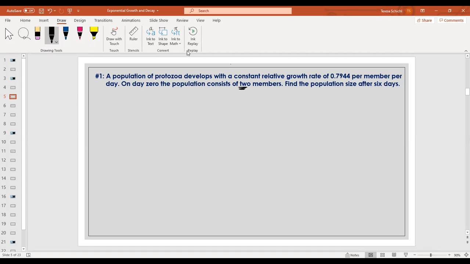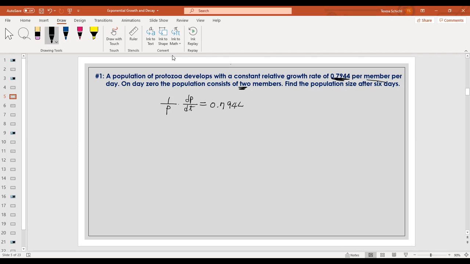This is a very typical exponential growth because it's the relative growth to the population itself, right? So it's 0.7944 per member per day. If we write it, this is 1 over P times dP dt, the relative growth, which equals 0.7944.